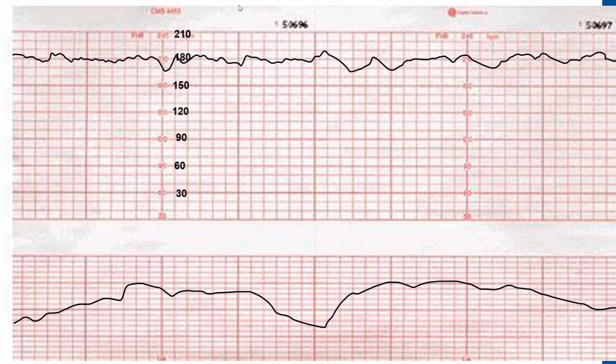She is 4 centimeters, so she might end up in established labor, because at 5 centimeters we can detect it as established labor, and the heart rate is already high, that is 180. So the baby is also in distress. So I will take the help of my consultant, inform all the situation related to this preterm labor, and involve the neonatologist. How are you going to deliver the baby?